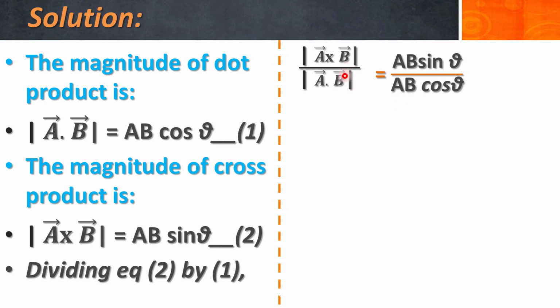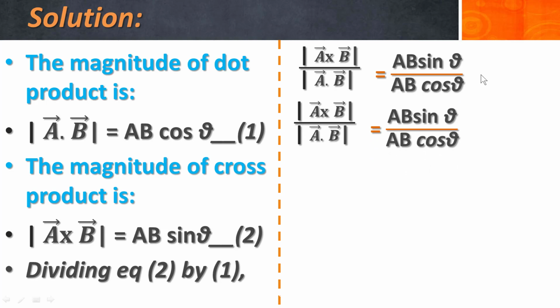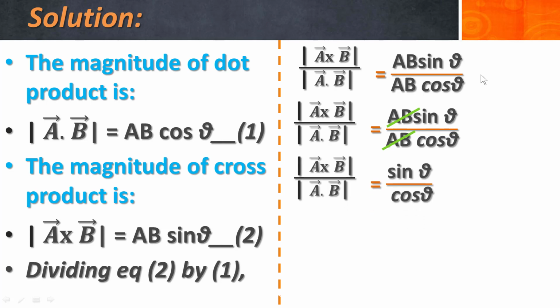Magnitude of A cross B divided by magnitude of A dot B is equal to AB sine theta divided by AB cos theta. Then AB can be cancelled out, and we are left with sine theta divided by cos theta, which is equal to tan theta.